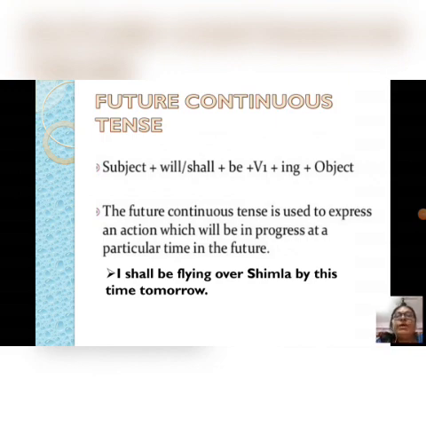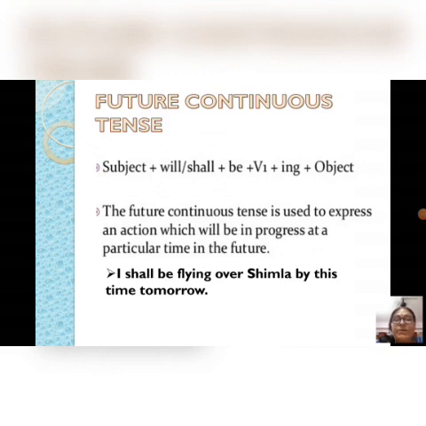Now come to the next, future continuous tense. The future continuous tense is used to express an action which will be in progress at a particular time in the future. The action will take place in the future and it will be continued for some time in the future only.